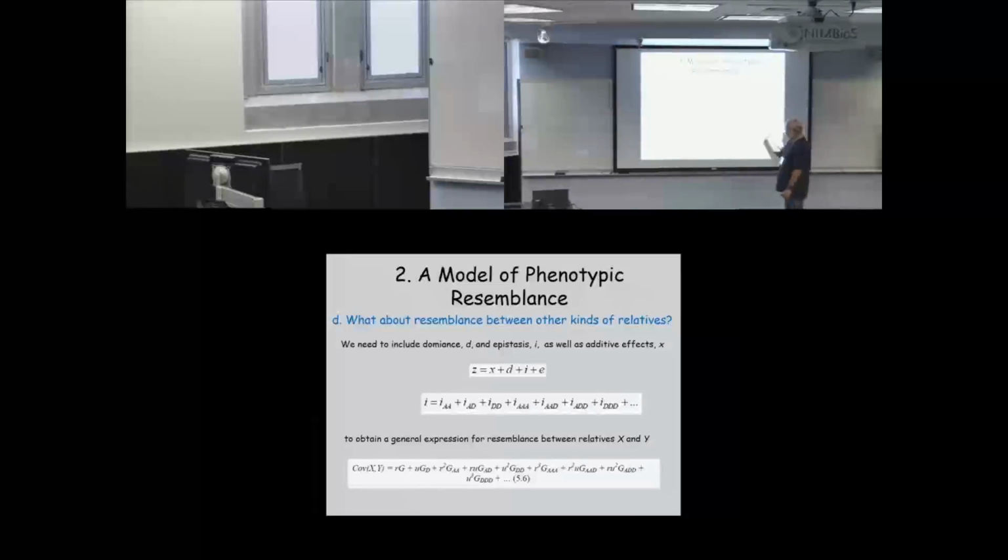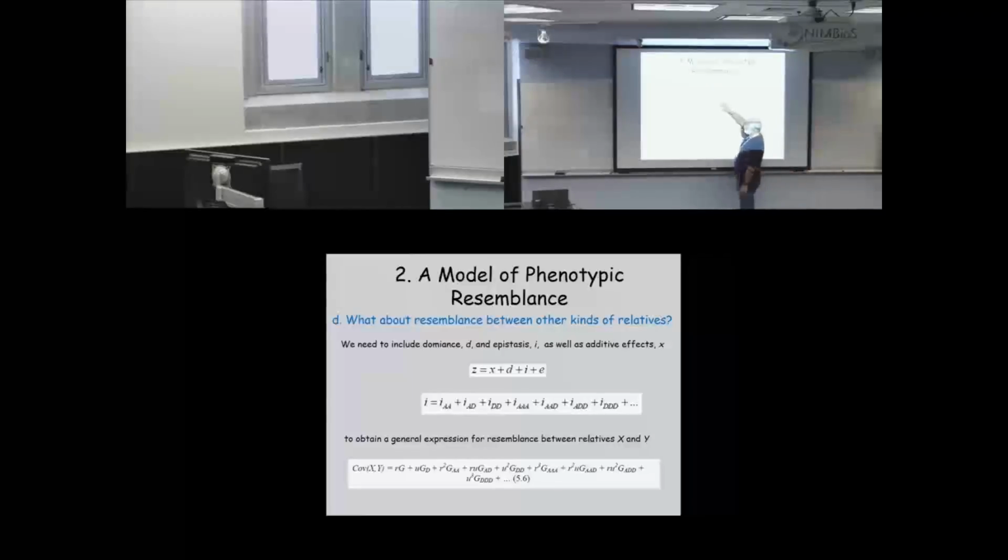Even when we include epistasis, the phenotypic covariance between offspring and parents is largely due to genetic variance, and not to dominance variance or an epistatic contribution.